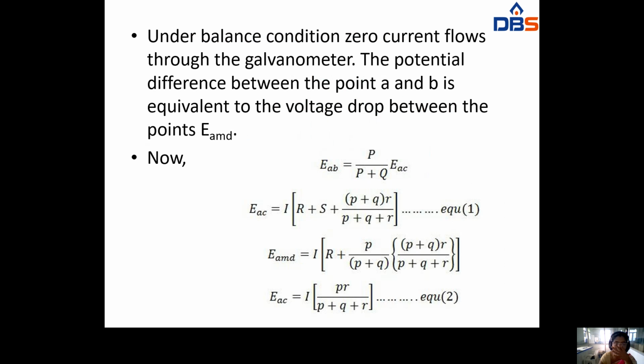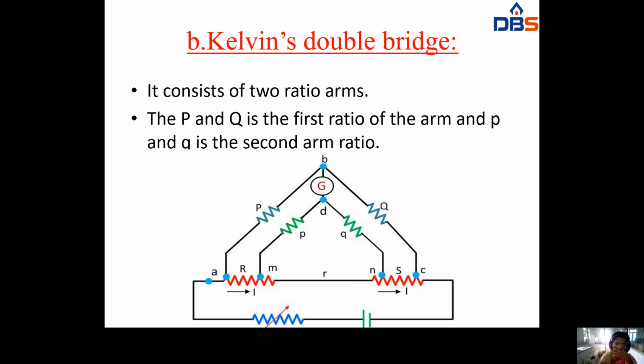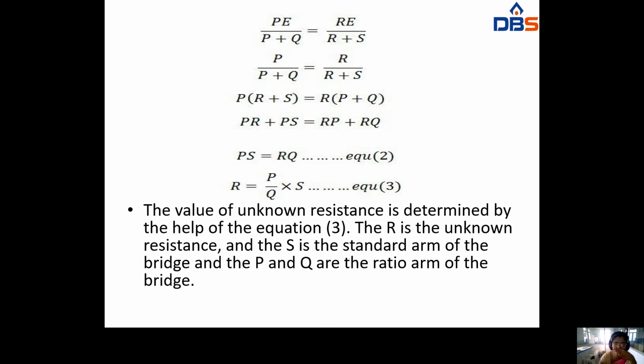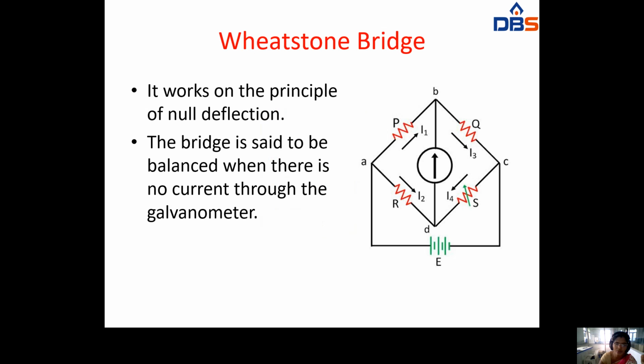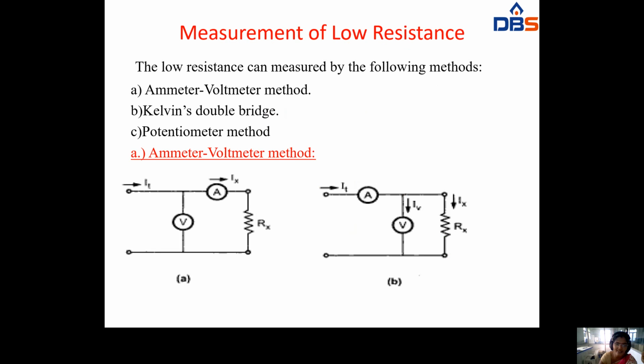The Kelvin's double bridge is also used to find out the low resistance value. The resistance bridge is used to find out the medium resistance value. In the previous class I discussed the ammeter voltmeter method, and now in this class we discuss the Kelvin's double bridge method and the potentiometer method. These are the methods used for the measurement of low resistance.